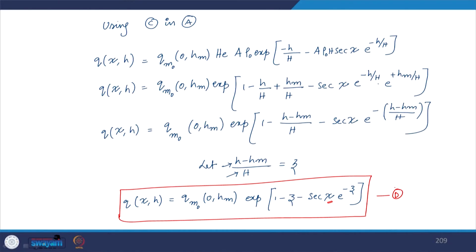Let's call this equation T. So we've been able to derive, using Chapman's theory, how the production changes with respect to height. There are 4 or 5 major inferences that one can draw about the atmosphere based on this equation.